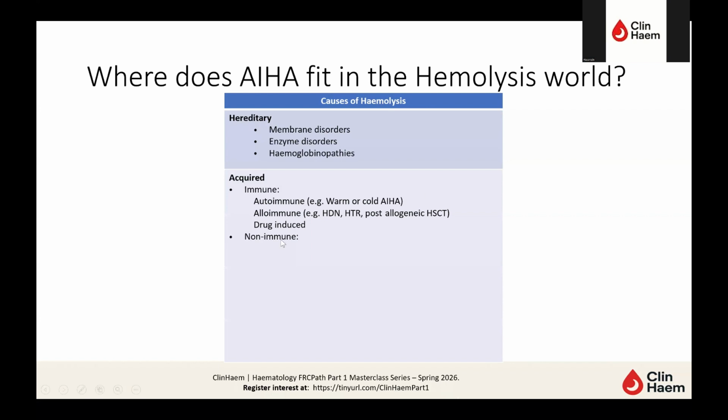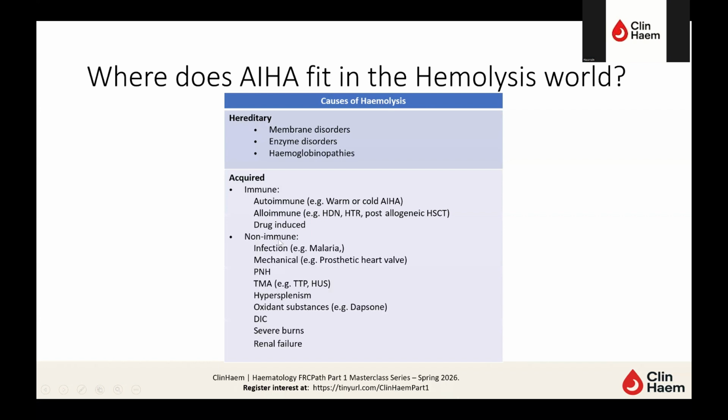The list of non-immune causes is quite a huge list, but the important ones that we know as hematologists, of course, are PNH, TMA, DIC, but there are others like oxidant substances, including dapsone or rasburicase, etc. And infections, of course. Prosthetic heart valves and heart problems are quite important as well.